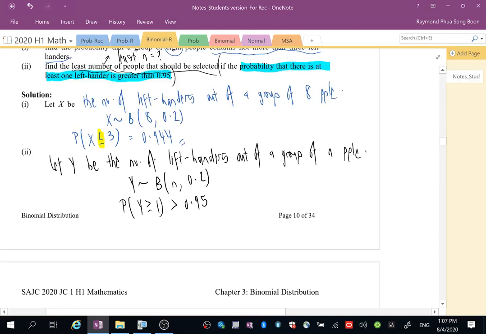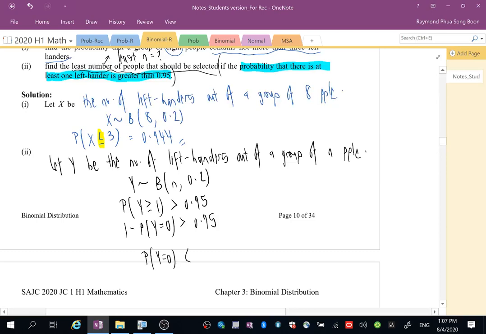In order to use binom PDF or binom CDF, we need to change it to either less than or equal to or equal. So I can rewrite the left hand side, probability y greater than or equal to 1, as 1 minus probability y less than 1. But because y is a binomial distribution, y less than 1 can only take on one value, which is y equals 0.